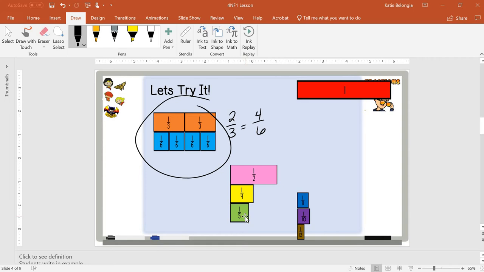Again, I'm going to take it right back to pizza. Every time you cut your pizza into more slices, your slices get smaller. You get more of them, but the size gets smaller. So here I'm getting more tiles, but the tiles are getting smaller. Which makes sense then, because if you have smaller tiles, you should be able to fit some of the smaller tiles into a larger tile.